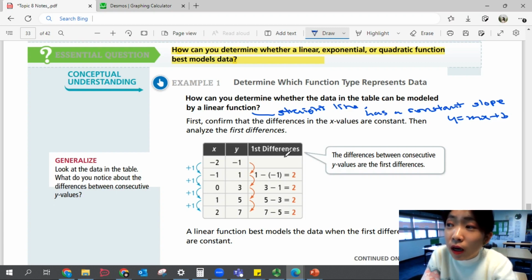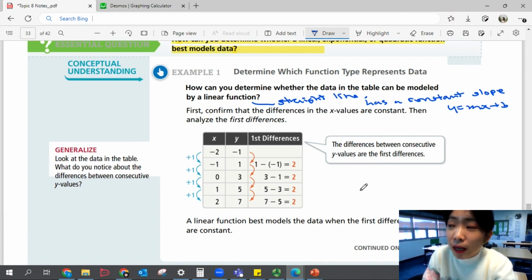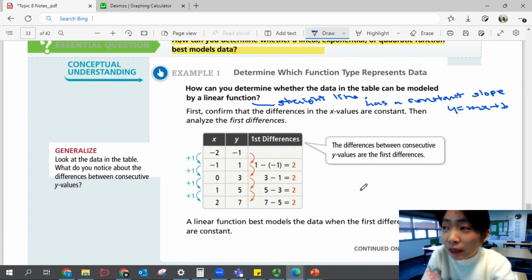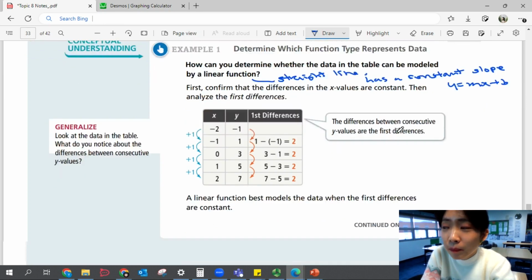Right? So the differences are constant, right? So linear function best models the data when the first differences are constant. So is this a good data for a linear function? Yes, linear function would be the best to describe this data.